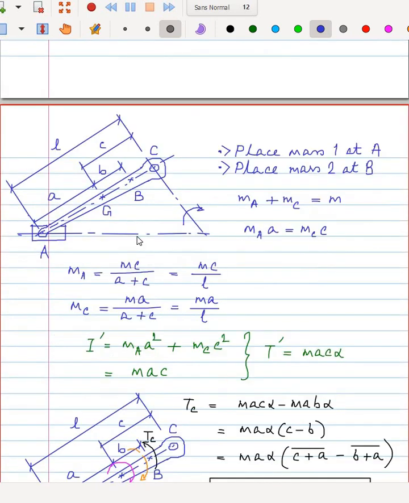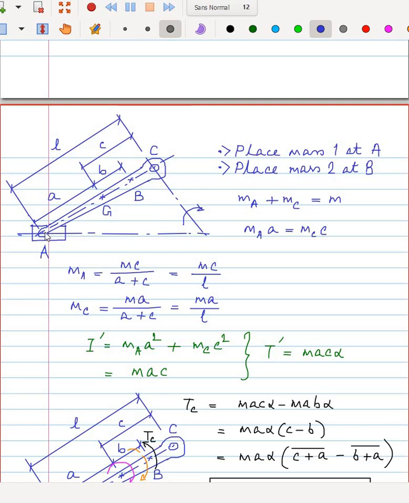But what we want is to put the second mass not here but here at C, because if we do that, then we can replace this connecting rod with distributed mass by one mass here and the other mass here. Then what is the advantage?